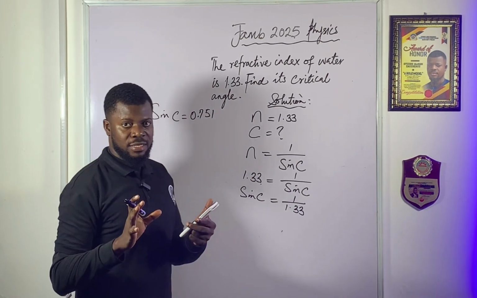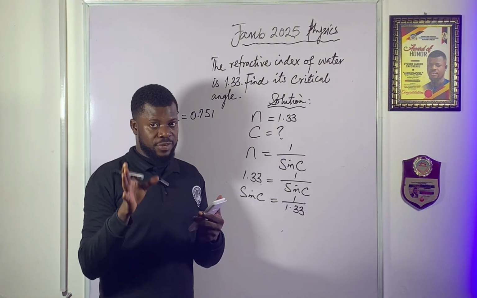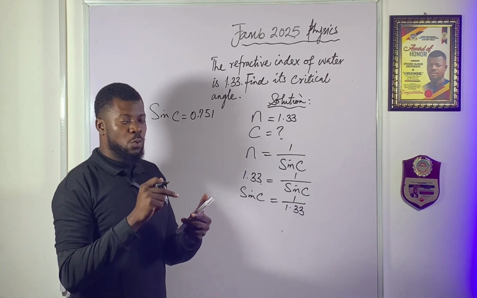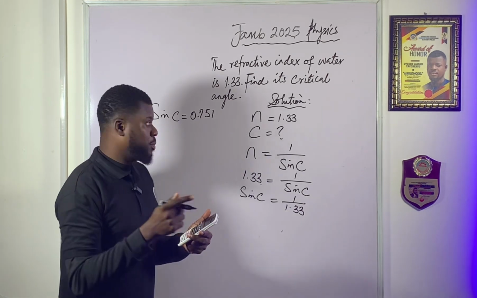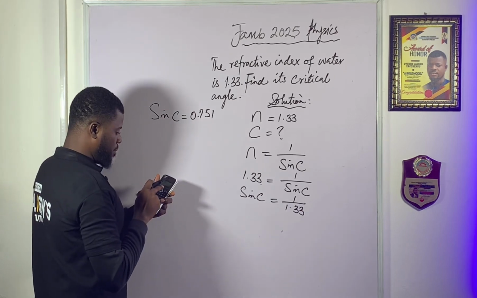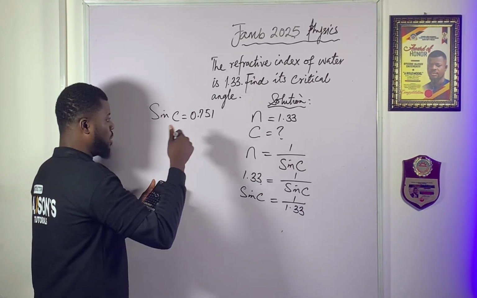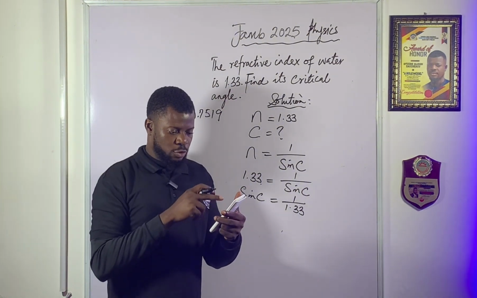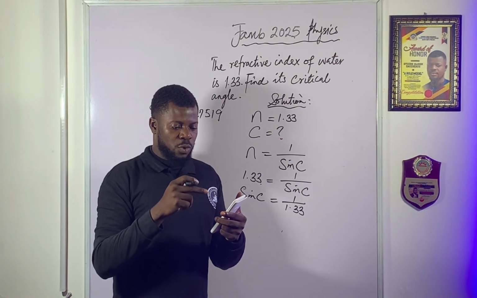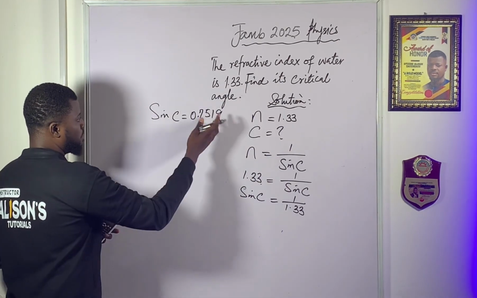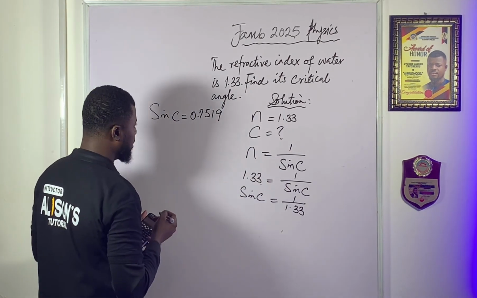I want to keep the answer in 4 places of decimal, so in place of this 8, I will have to add 1 so that it becomes 9. Of course, if you check on the screen of your calculator, you should have 0.7518796 and the rest of that. So I just have to approximate it to 4 places of decimal.